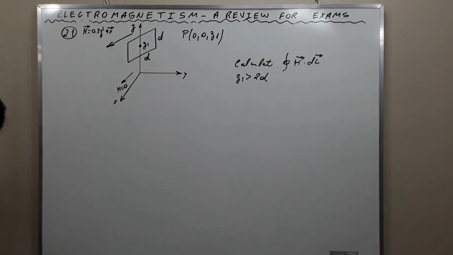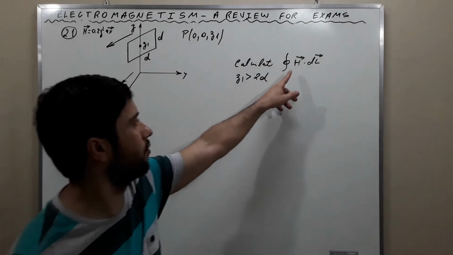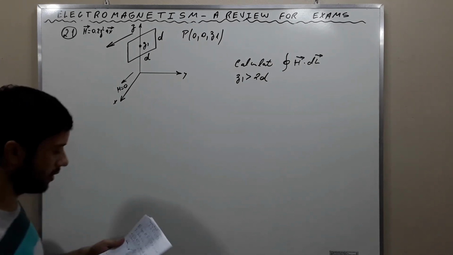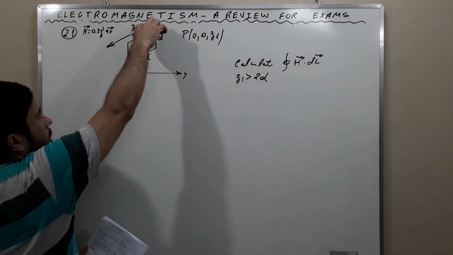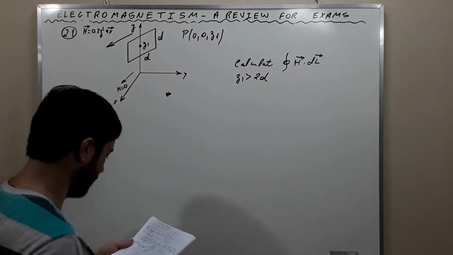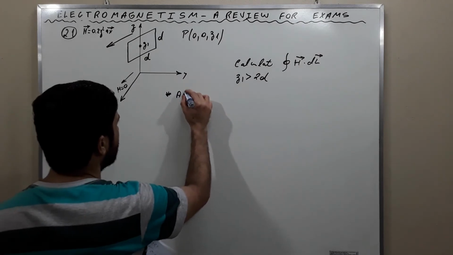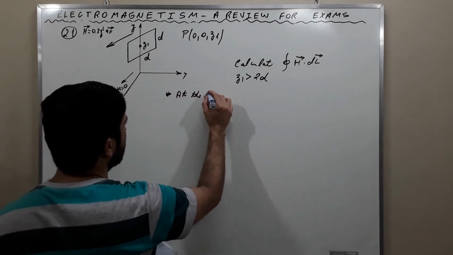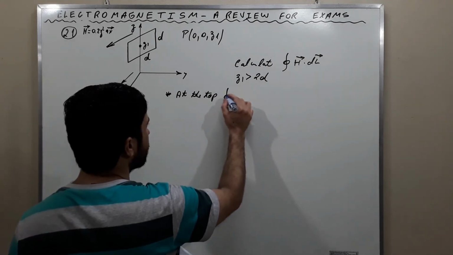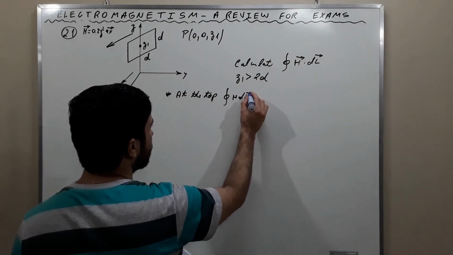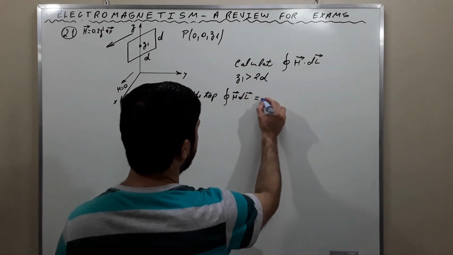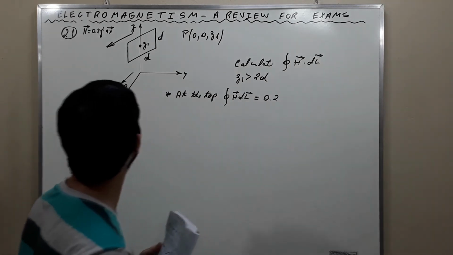Let's calculate this line integral here. Firstly, at the top, it is going to be 0.2.